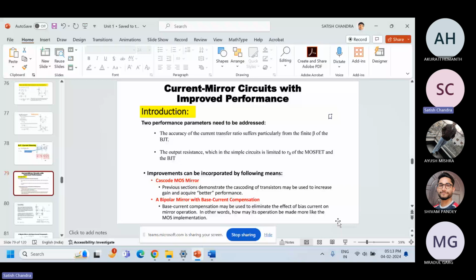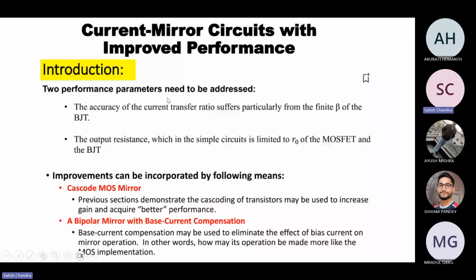Simple current mirror for the case of a BJT, improved performance. We do see that the current is also going to affect the current ratio, basically temperature dependent. So in the case of BJT, we need to take care of the ratio. Performance needs to be addressed.